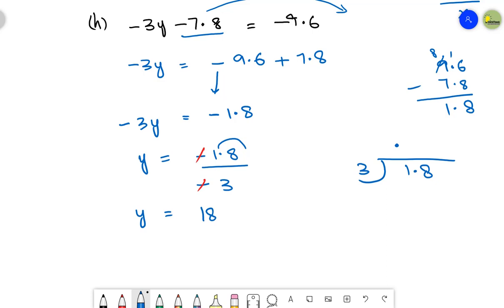So it becomes 18. And the number of times that you shift the decimal, you need to add that number of zeros in the denominator. So in the denominator, you are going to have 30, and in the numerator, now you are having 18. In this way, you can change the decimal number into an integer.